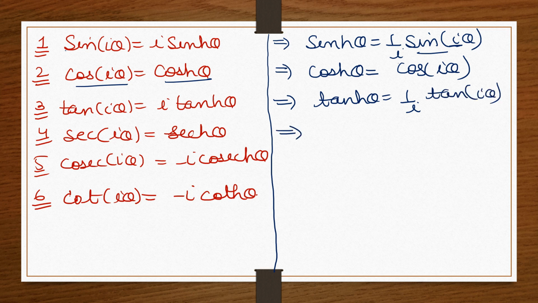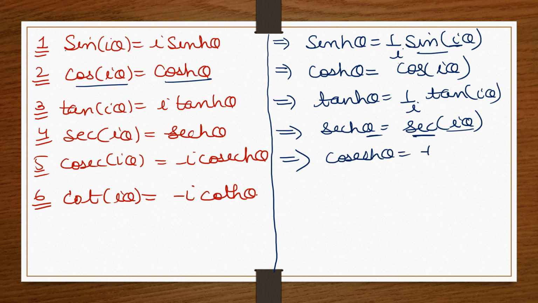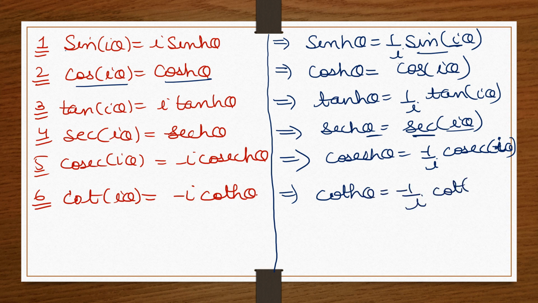From this, secant hyperbolic theta is simply secant iota theta. Whatever you have here, just multiply with iota, and that will change to a simple circular function. And the next one, cosecant hyperbolic theta is minus 1 by iota cosecant iota theta, and cot hyperbolic theta is minus 1 by iota cot iota theta.